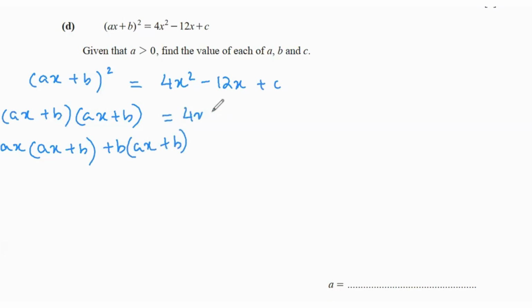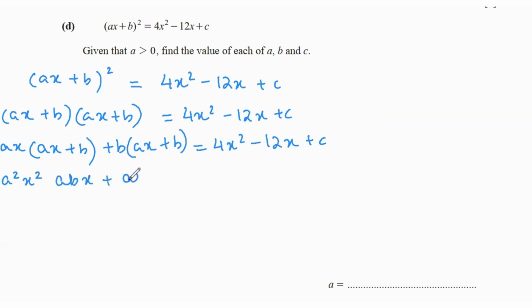So that's going to be a squared x squared plus abx, then again abx and b squared, equals 4x squared minus 12x plus c.